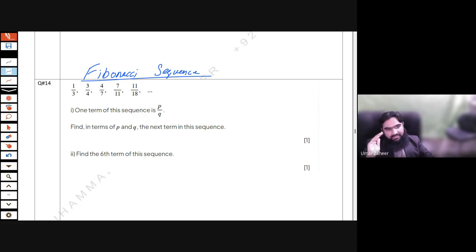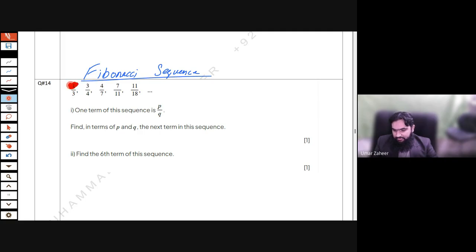But obviously, you have to understand the pattern. He's not going to ask you about the nth term of this one or anything else. You have to use a very basic concept of sequences. How will you get the next term? What is the relation between the terms?